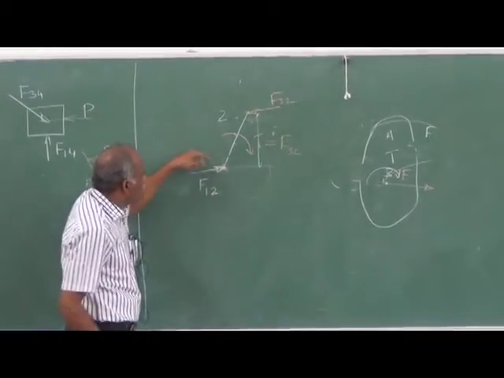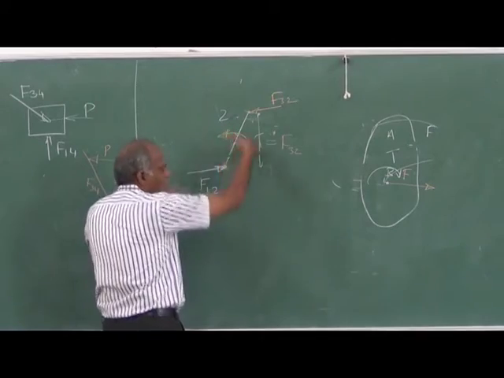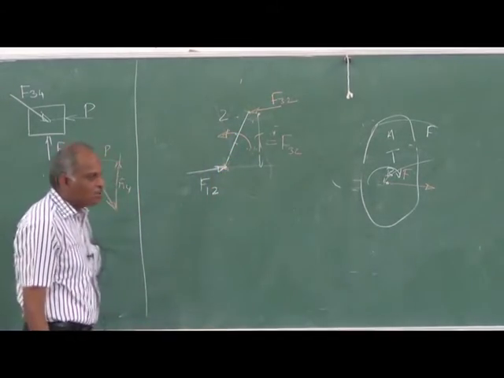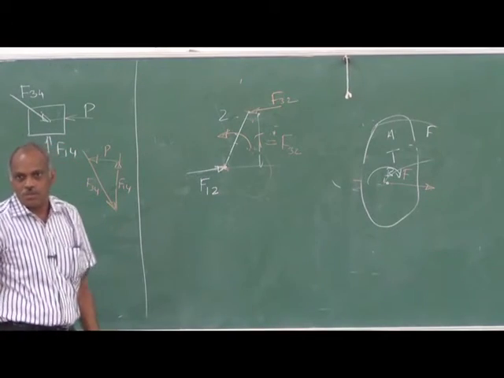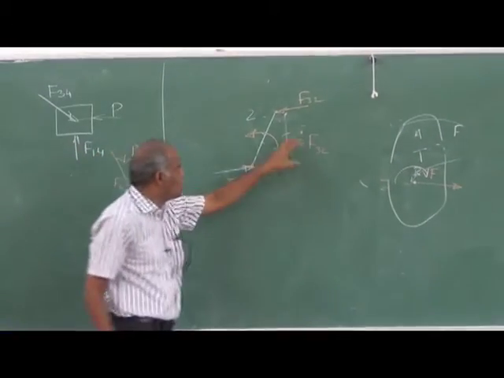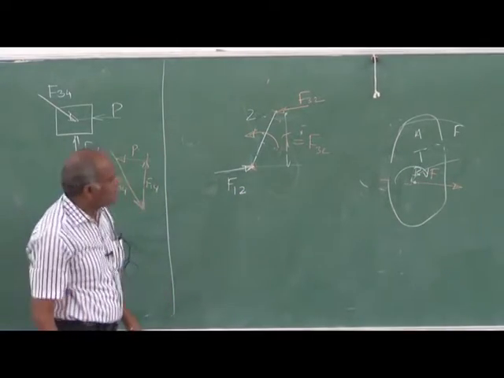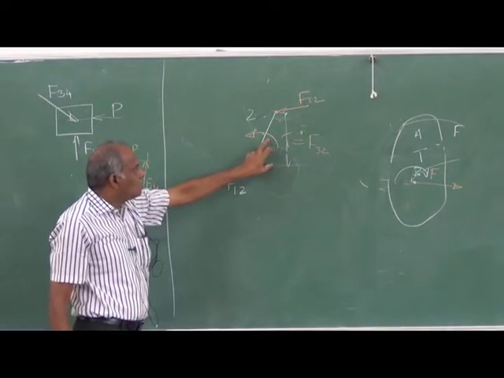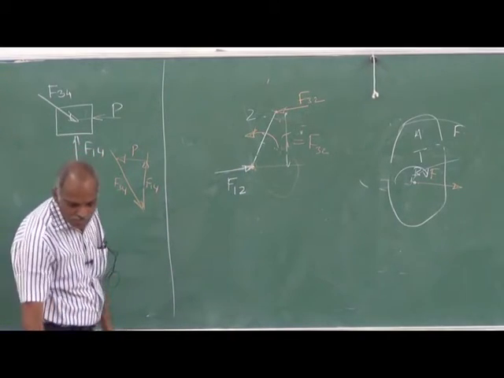The holding torque direction must be like this. So that is what the torque magnitude should be. Magnitude is F32 into this distance, and the direction is like this, so that the system can be in equilibrium. Do you have any doubt?